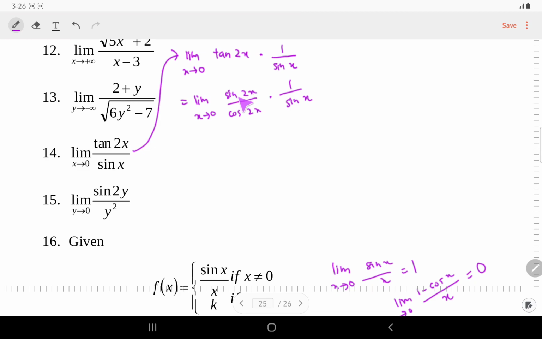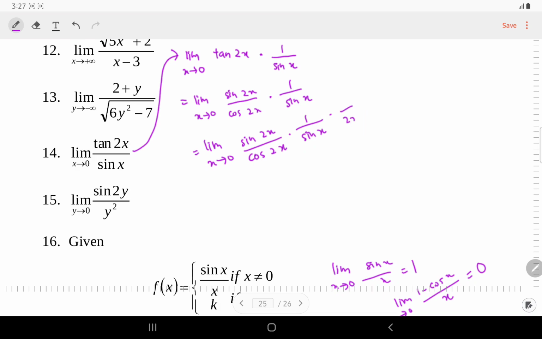So we need to make sure there is 2x at the bottom. So how do we do that? We need to make sure the bottom part has 2x.